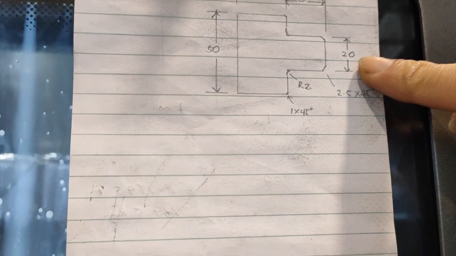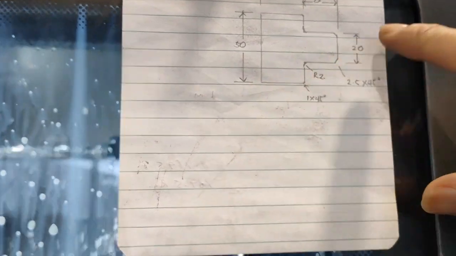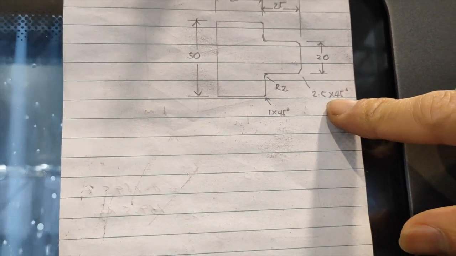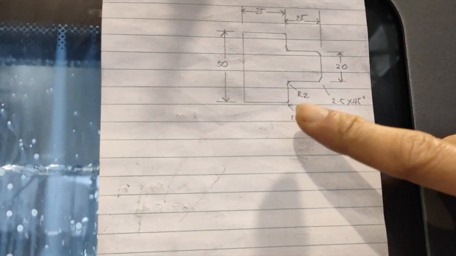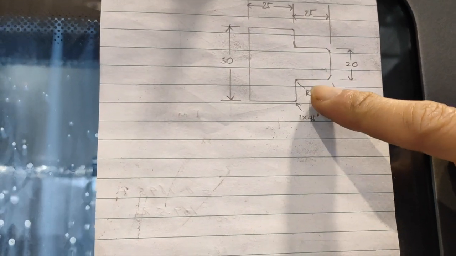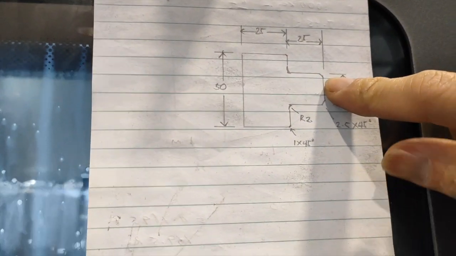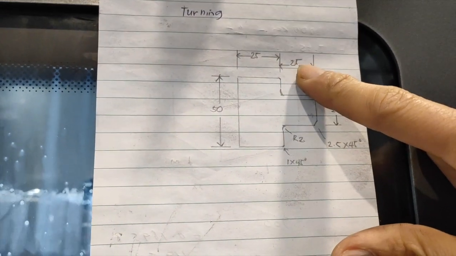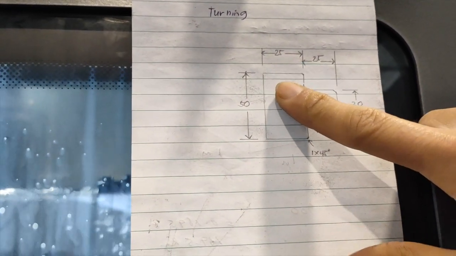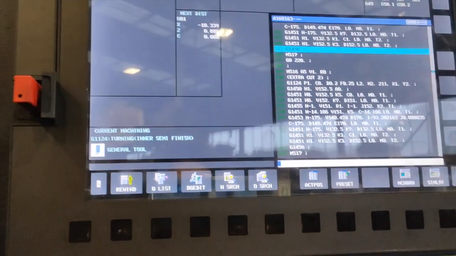So we have a 20mm diameter and another diameter of 50, and we have a 2.5 by 45 degree chamfer and another 1 mil by 45 degree angle on the big diameter, and we have a 2 mil radius at the corner, and the distance from the base to the step OD is 25 mil, and we have another 25 mil on the big diameter.